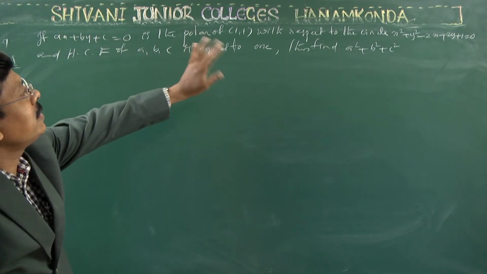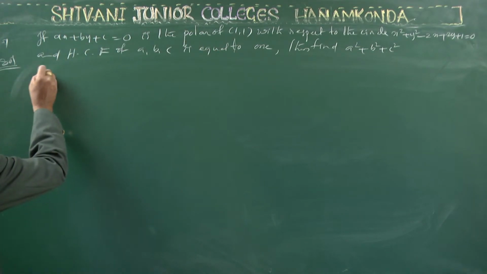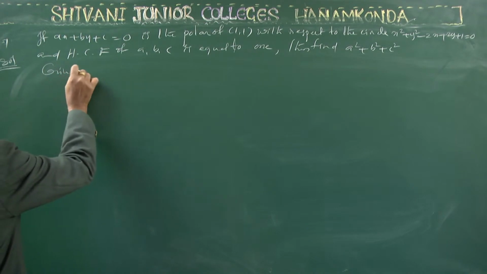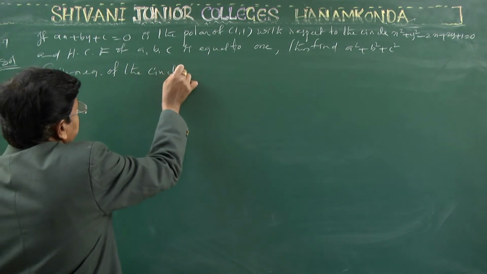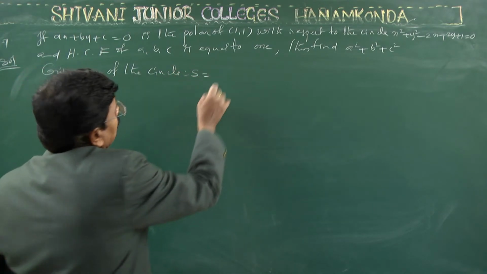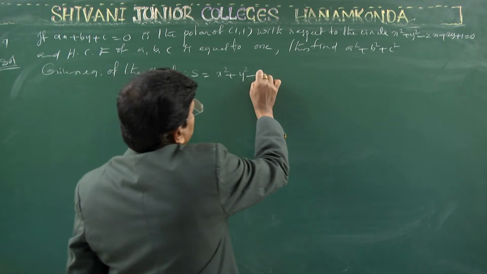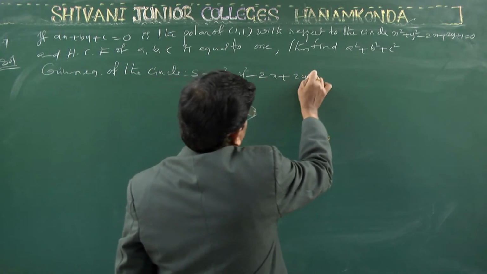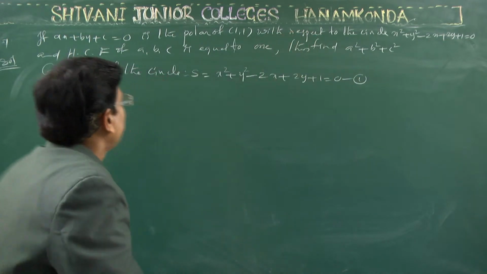Okay, see, what about the process? Already circle and one of the polar given. Given equation of the circle, S is equal to x square plus y square minus 2x plus 2y plus 1 equal to 0, equation 1. That's all. Fine.